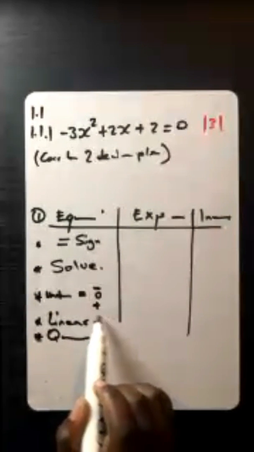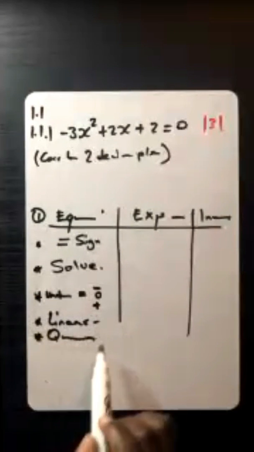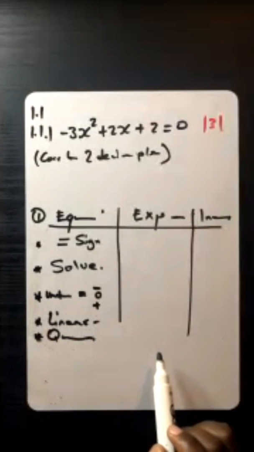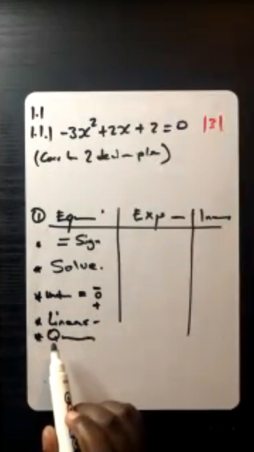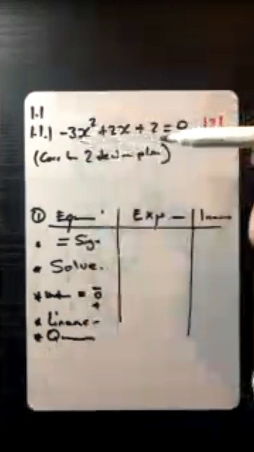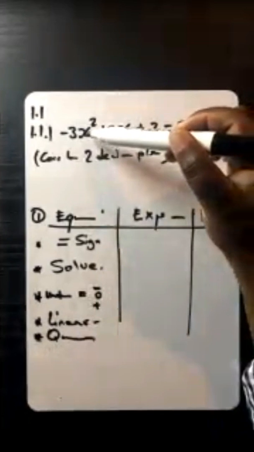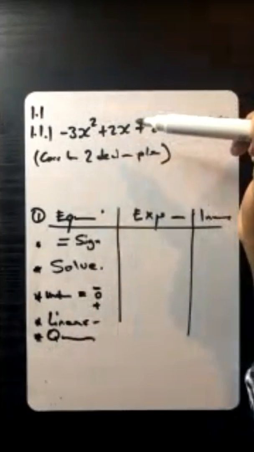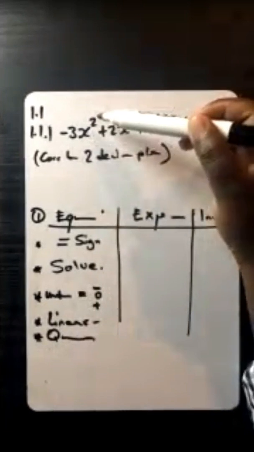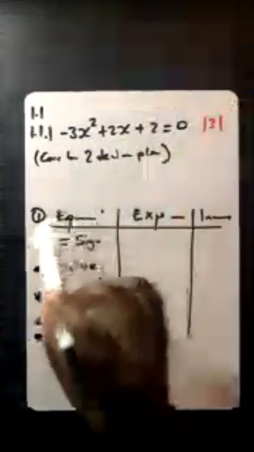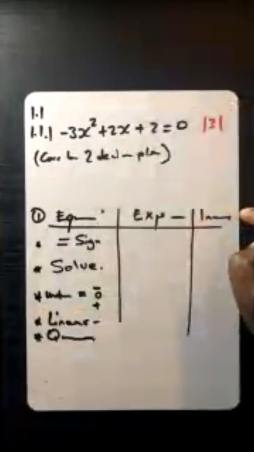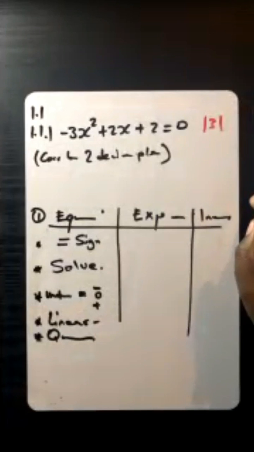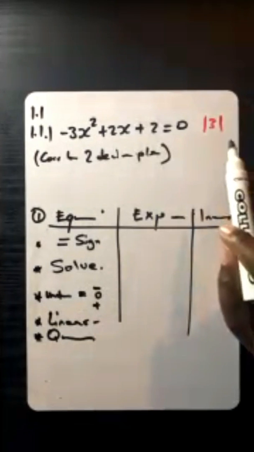Remember, you can either have a linear or a quadratic equation. How do you see a quadratic equation? It is those type of problems which have a letter to the power 2, or a letter squared. So that's all that you need to be aware of with regards to an equation.